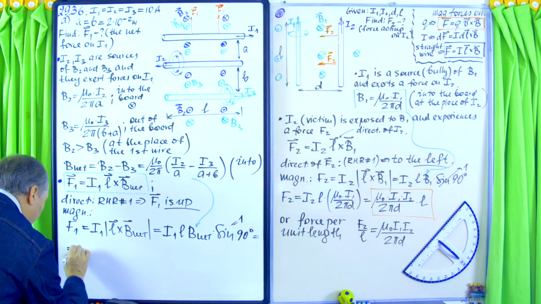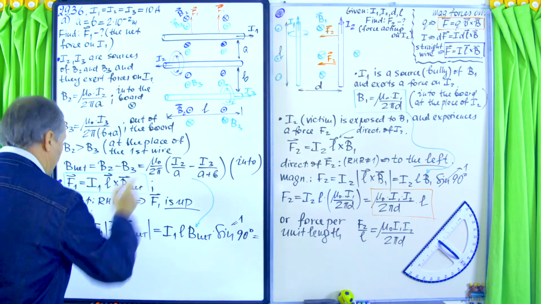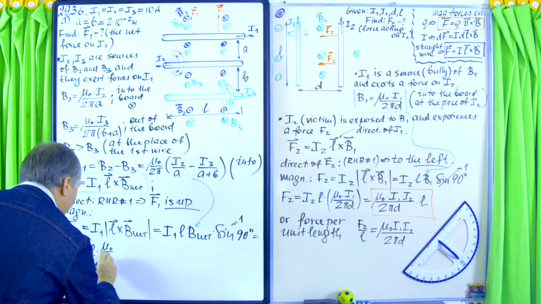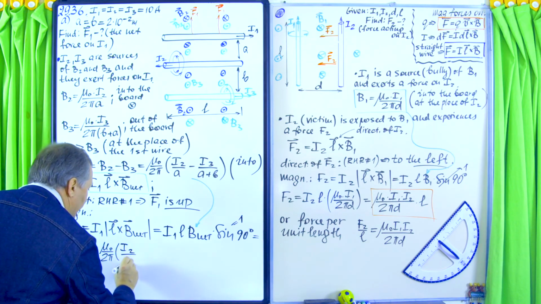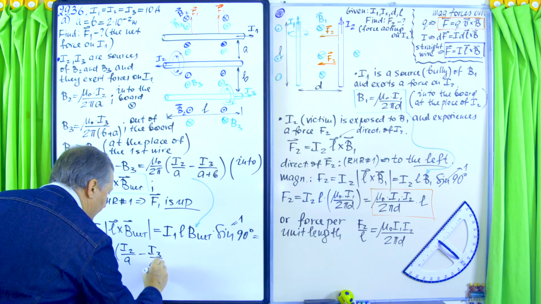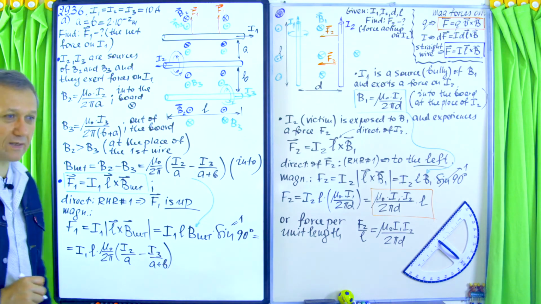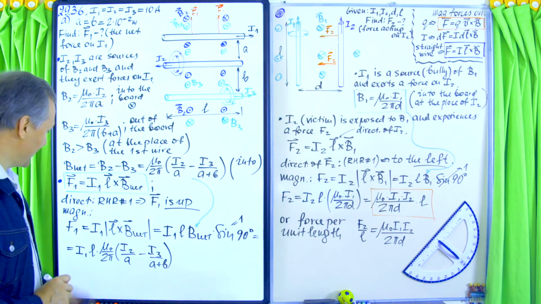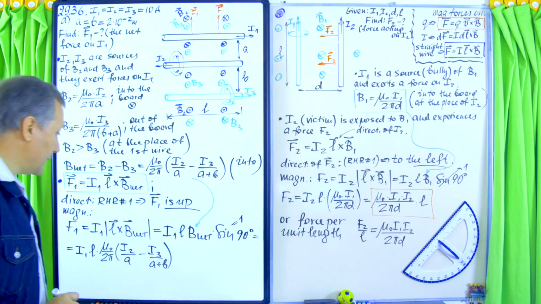It will be I1 times L, and our net magnetic field mu naught divided by 2 pi, and I2 divided by A, I'm just rewriting this, minus I3 divided by A plus B. I thought about making it look nicer, but pretty much it is as nice as it can be, right? Because you cannot do anything with this bracket, you cannot factor out anything. So that's basically the answer.